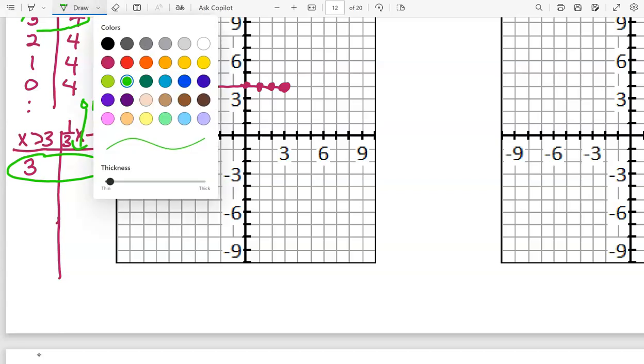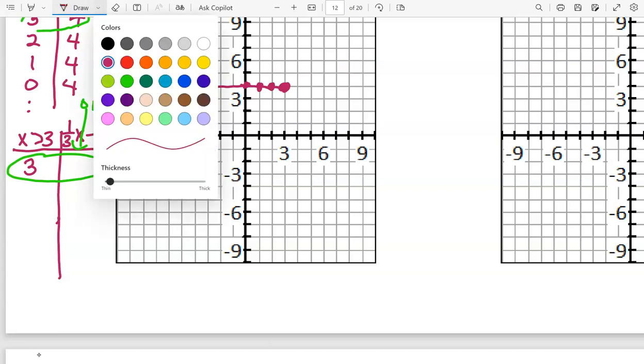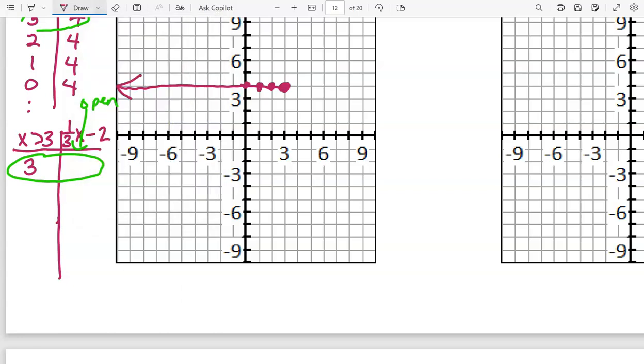That means that there won't actually be a point there, but we're going to graph it for reference anyway. So for 3, I get 1/3 times 3 minus 2, which is 1 minus 2, or -1. So we have the point (3, -1) graphed as an open circle.